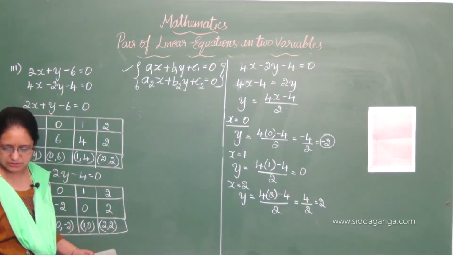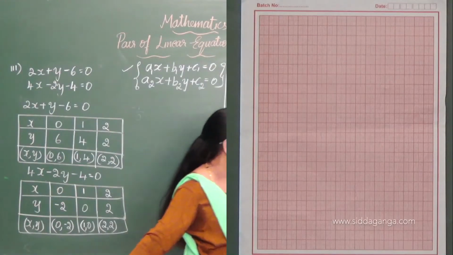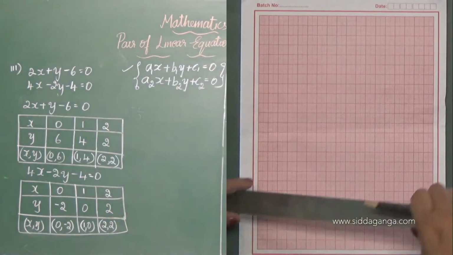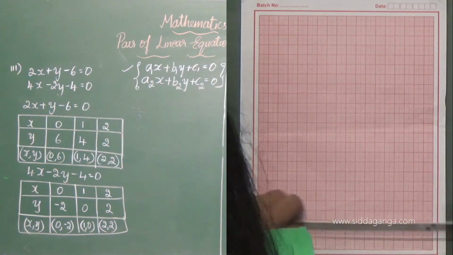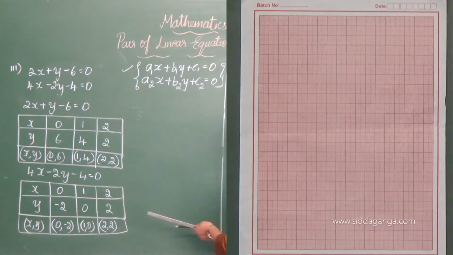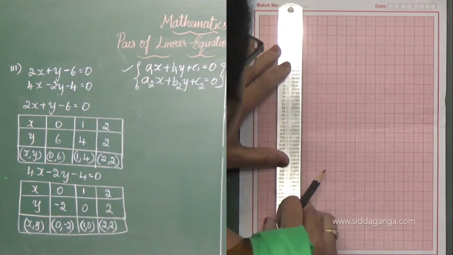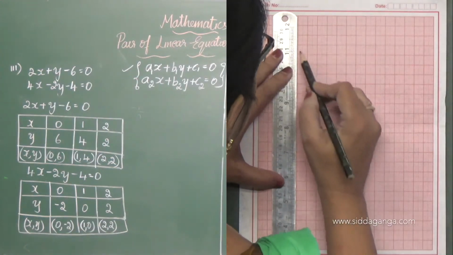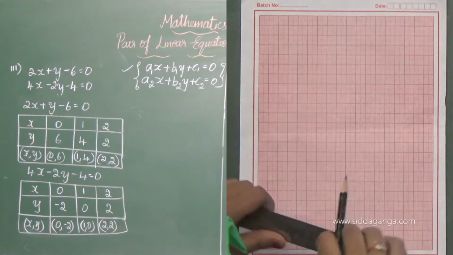So here we shall draw the graph again. See here, you have a negative sign here, minus 2. So let us take in between here. And you see the range also.